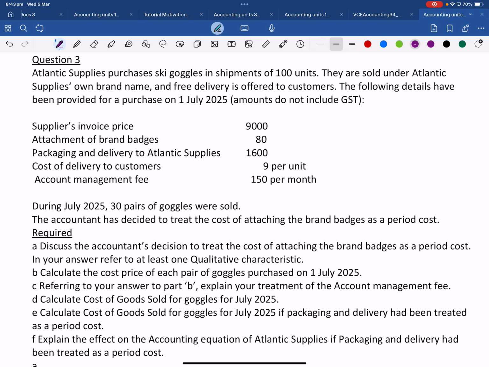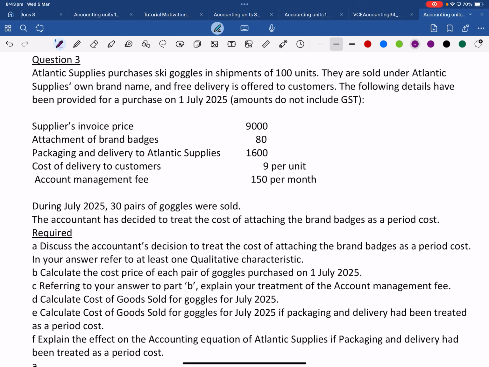Is it product cost or period cost? It's neither, because it is a selling expense, not a buying expense.